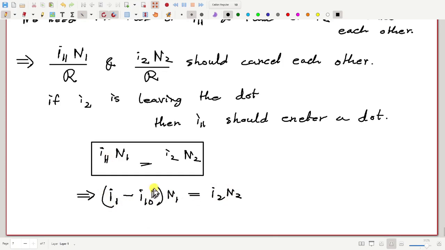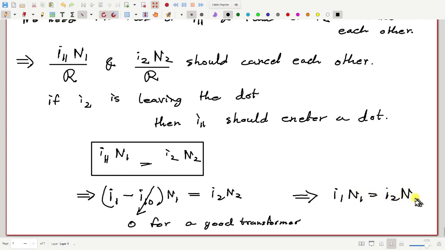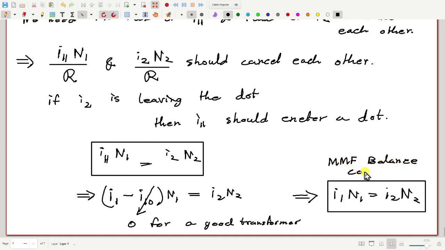But since I1 naught is approximately equal to 0 for a good transformer, what can we write? We write I1 N1 is equal to I2 N2. That's what should happen for a good transformer. This is called the MMF balance condition.